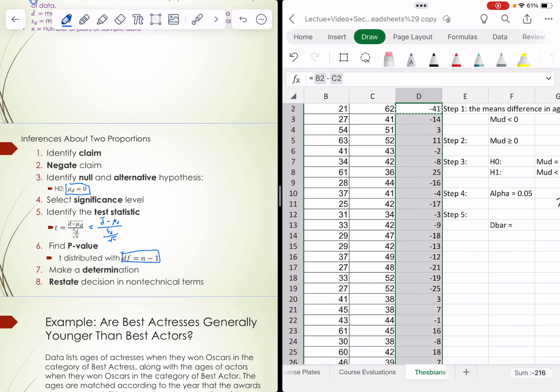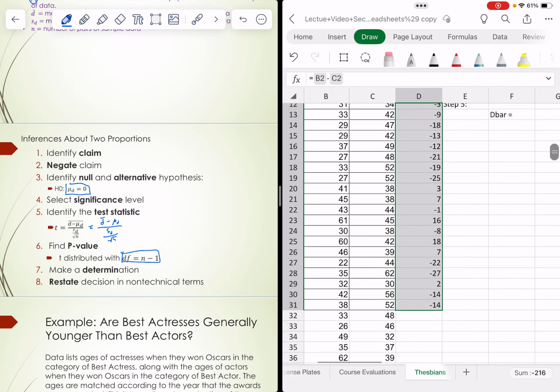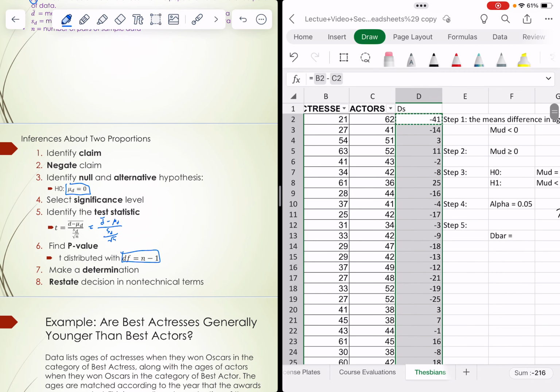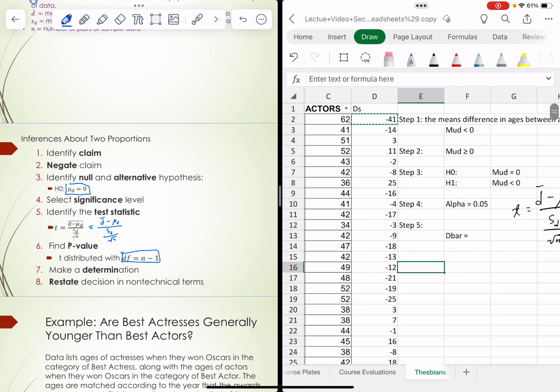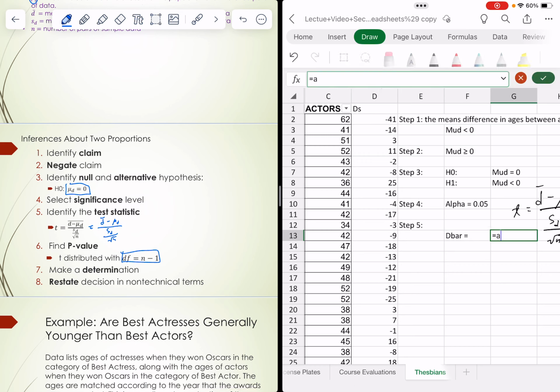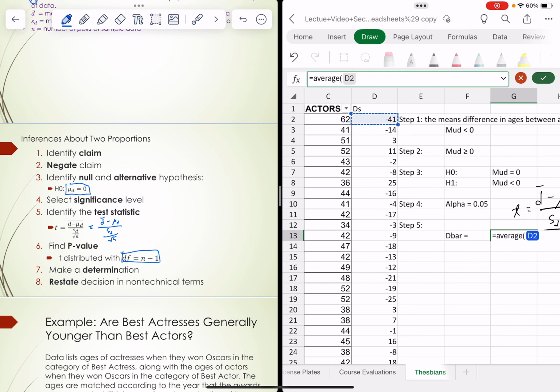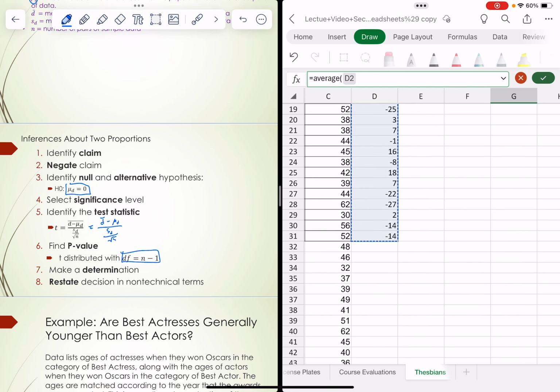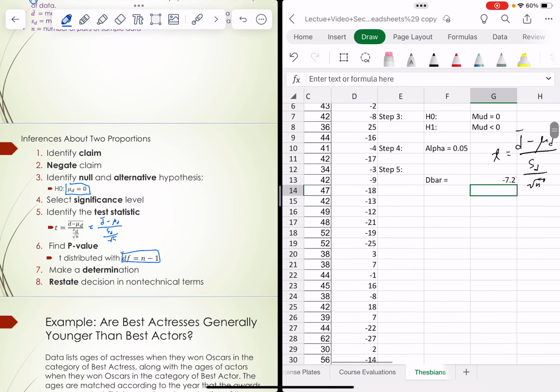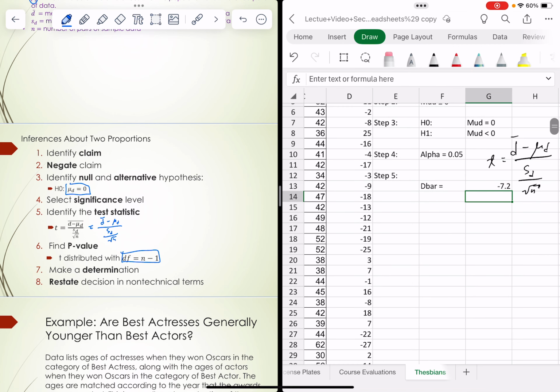Paste. Okay, there, pasted it. So there's my D's. So that's what I'm going to take. The D bar is going to be the mean of that, so equals average of all of that. Enter. Okay, yours will probably be a little bit different, I suspect.